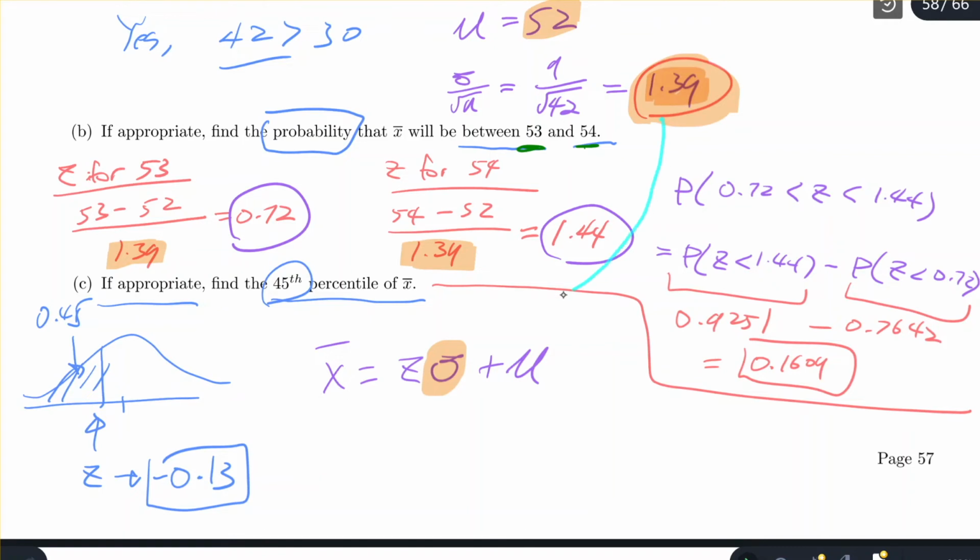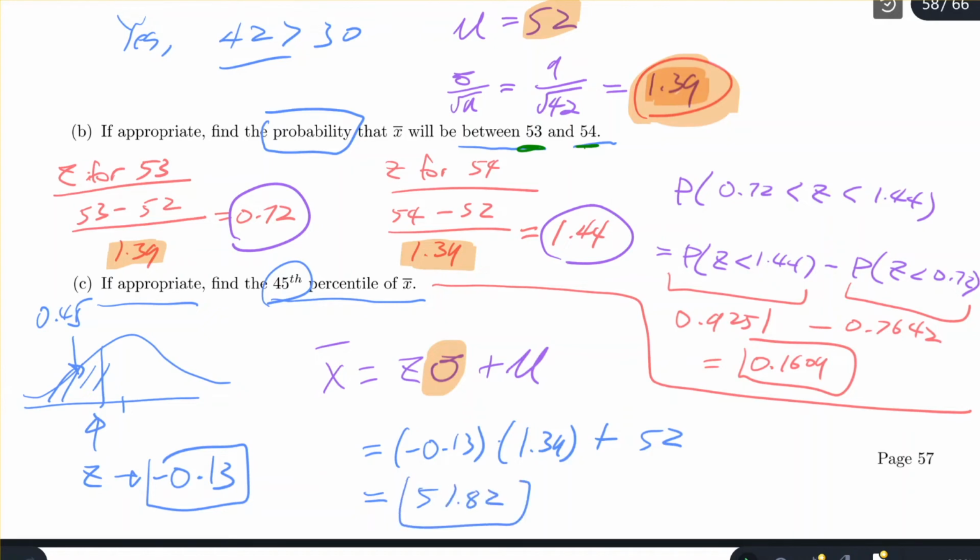So z we found to be negative 1.3 times 1.39 plus the mean, 52. If you calculate this, you get about 51.82. So this is the raw score that gives us the 45th percentile for this sample mean.